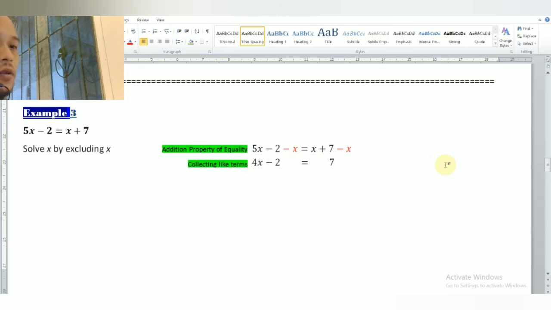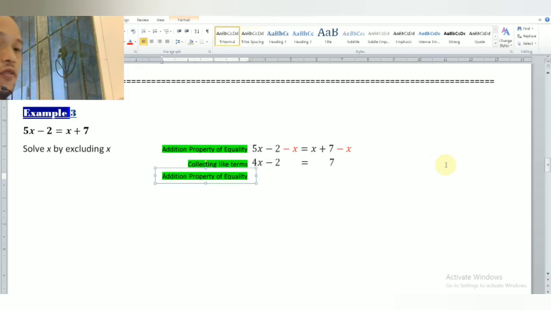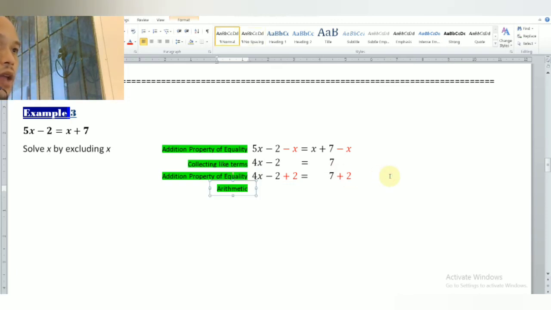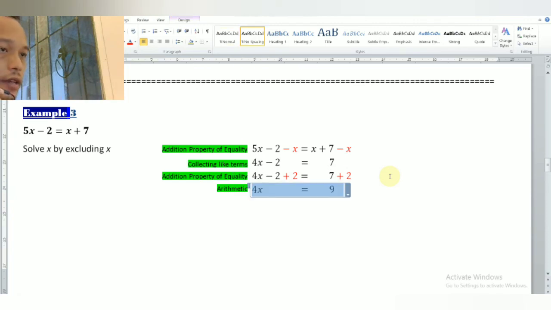I will add its additive inverse, so I will add 2. Since I add 2 on the left member, I have to apply the same on the right member, right? So in the end, by doing arithmetic, I will have 4x equals 9.